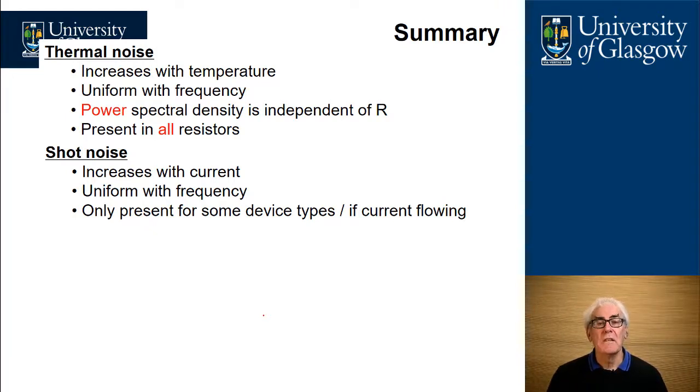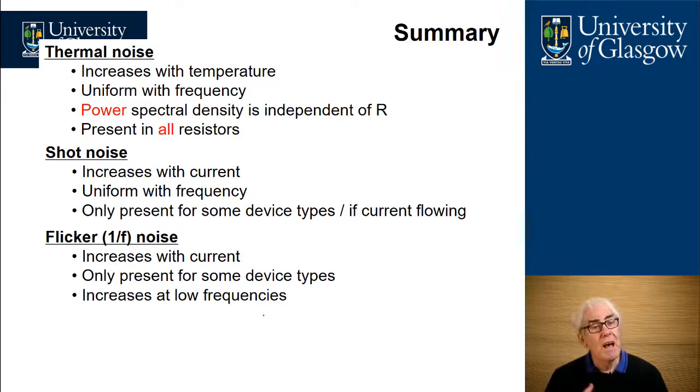Whereas shot noise increases with current, is uniform with frequency, and is only present in some devices, particularly devices with junctions, where the current flow has to cross a potential barrier, and it happens in random events. And the final type of noise here is 1/f noise, or flicker noise. Flicker noise increases with current, but is only present in some device types. In particular, the flicker noise increases at low frequencies with a 1/f relationship.